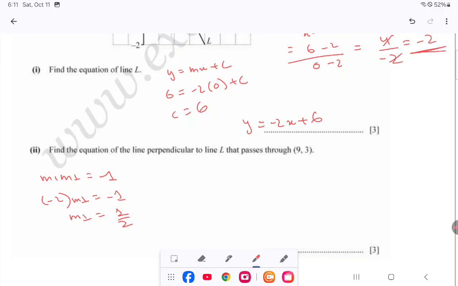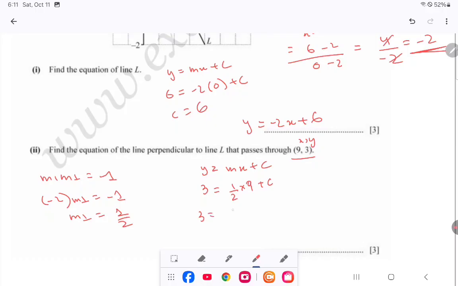Now for the equation, first we have to calculate the value of c. y = mx + c. For c, y is 3, m is positive half, x is 9, plus c.